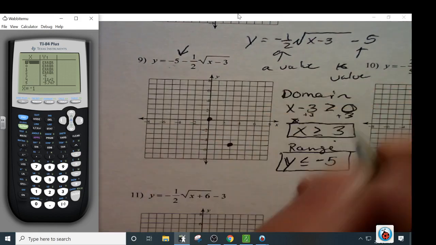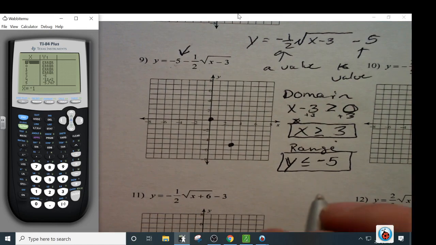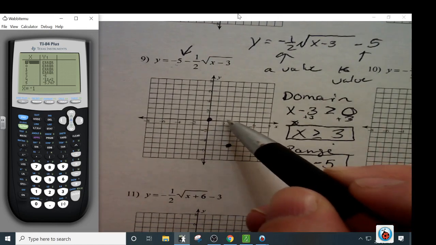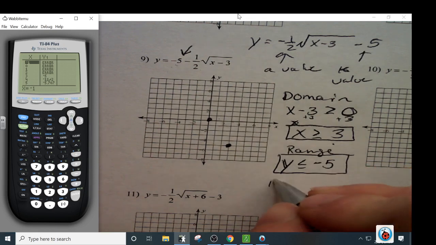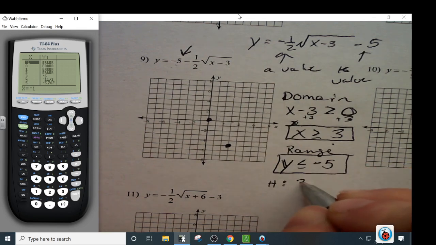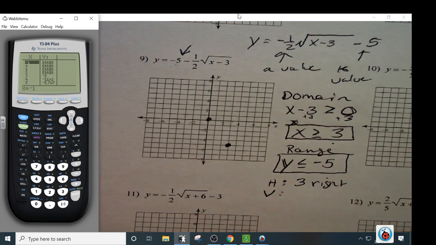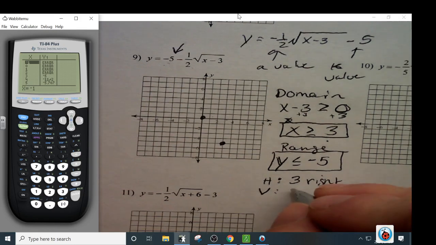Yeah, I'm going to go from the origin. All right, now I had to go 1, 2, 3 right. So horizontally, I went 3 right. What's my vertical transformation? 5 down, right? 5 down.